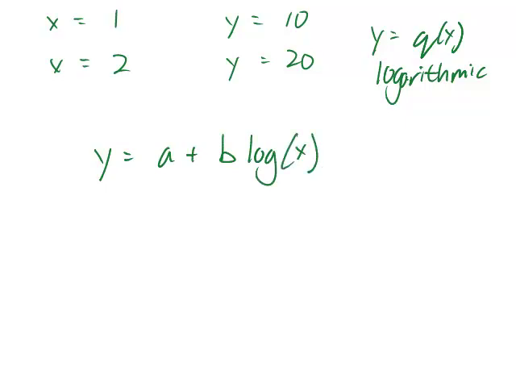Notice that, as I said before, I'm not just going to use log base 10. That's going to make my life a lot easier, because if I didn't know what base it was, I'd have 3 variables. Remember, when you had a quadratic and you have 3 variables in order to fit a quadratic through some points, it took a lot longer than solving for 2 variables in a linear equation.